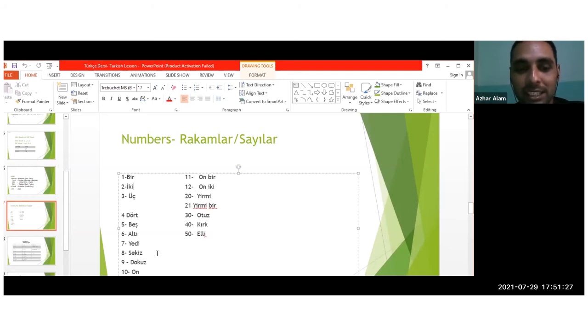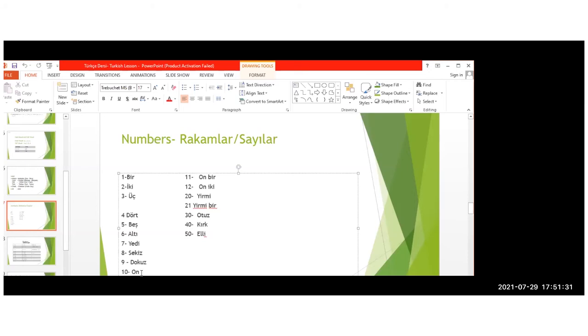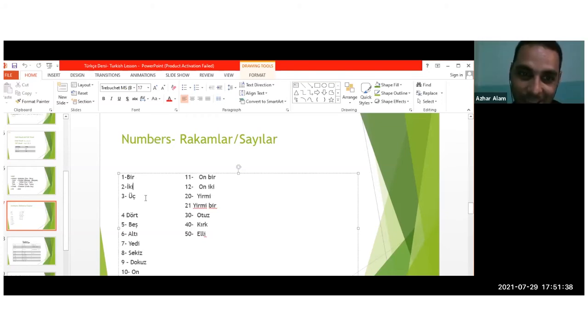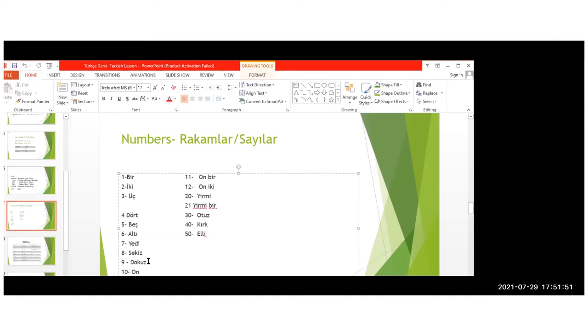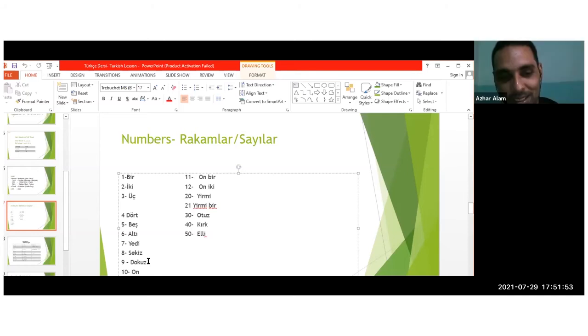How is it going to be easy? On means 10, correct? And if we add 1 to 10, bir. On bir, on iki, on uch means 13, on dort 14, on bes 15, on alti 16, on yedi 17, on sekiz 18, on dokuz 19.